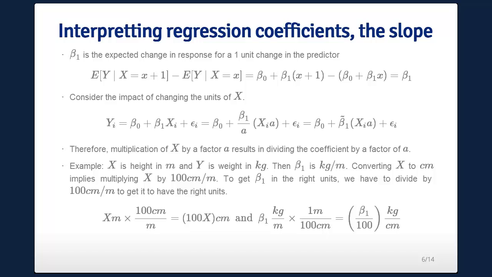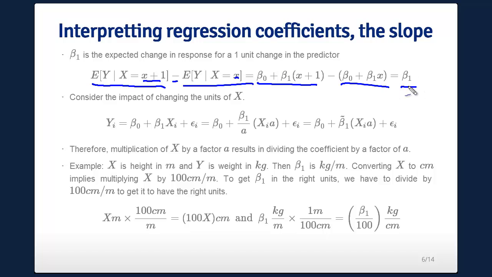Okay, let's talk about interpreting the slope now. Imagine if we took the expected value of y given x took the specific value x plus 1, minus the expected value of y given x took the specific value x. That would be beta naught plus beta 1 times x plus 1, minus beta naught plus beta 1 x.